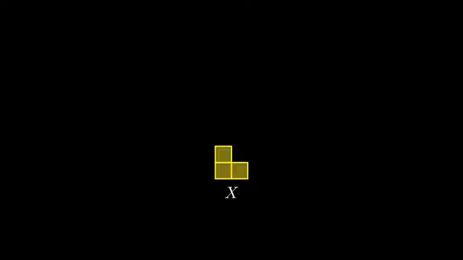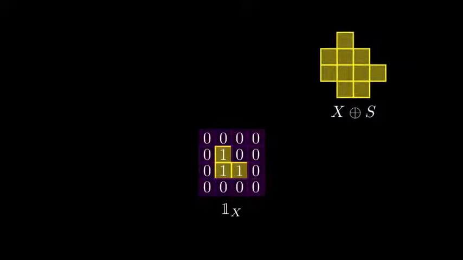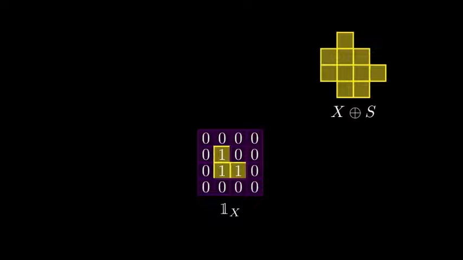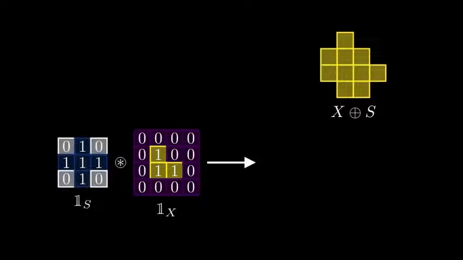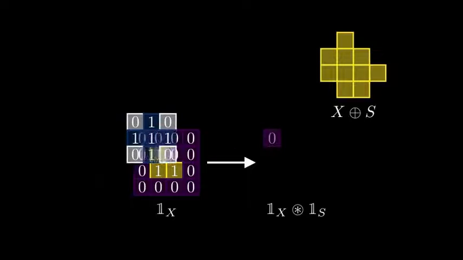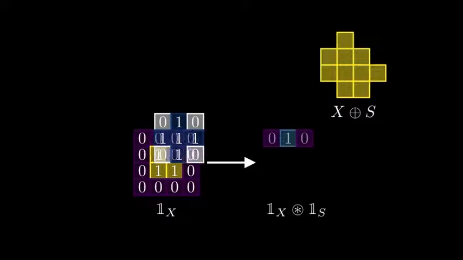The convolution and elementary morphological operations are closely related. Let X be a shape, and let us take the dilation for the sake of the example. So we compute its dilation. Now we see X as a binary image and compute its convolution with S seen as a binary image. We compute the convolution pixel by pixel.